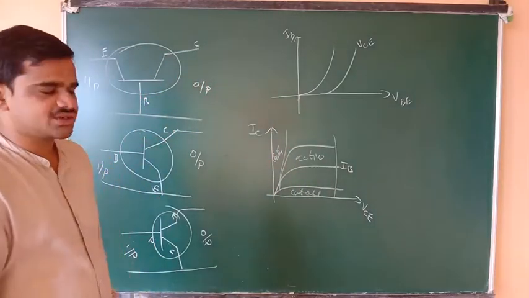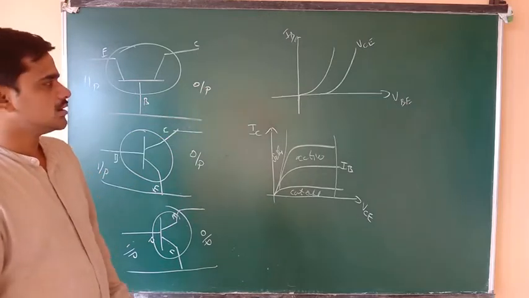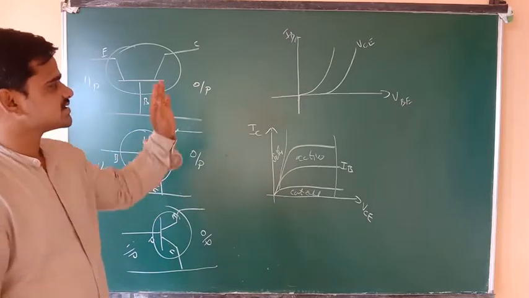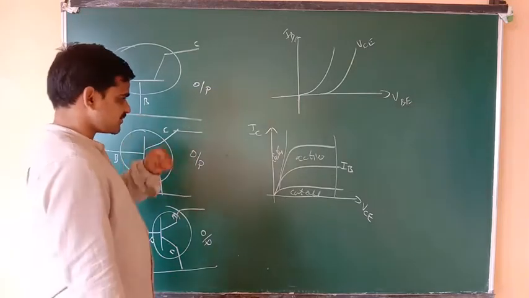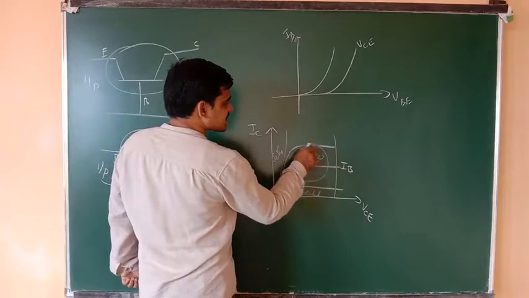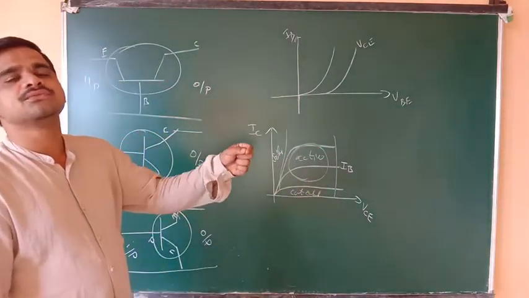These are the basic ideas about the input and output characteristics of the common emitter configuration. If you observe the active region, the current is increased by 10 times, meaning the current has been amplified.